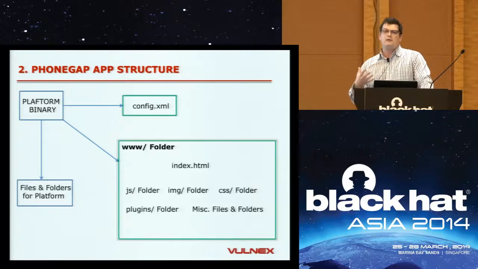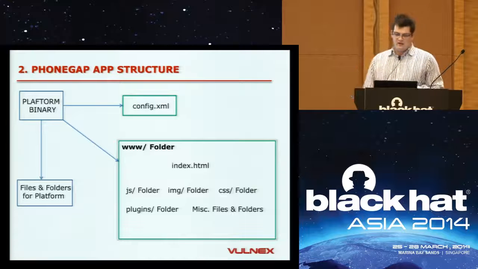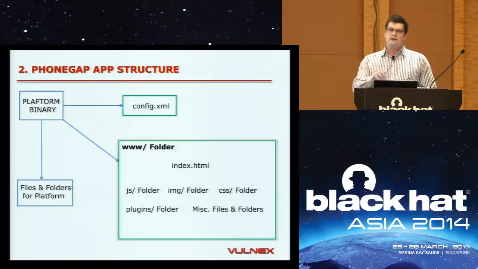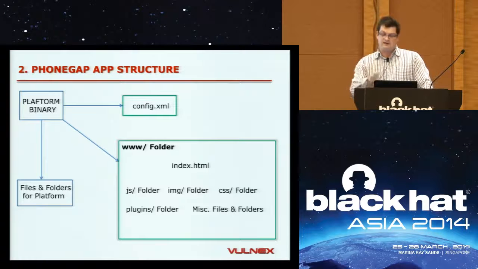So when we write an application using PhoneGap, the entire application goes here. All the JavaScript, Cascading Style Sheets, and HTML is here. So we can see we have all the application logic in this folder. So that's quite interesting, and we want to review this. We can find the entire application here, and this is the place we want to focus on.